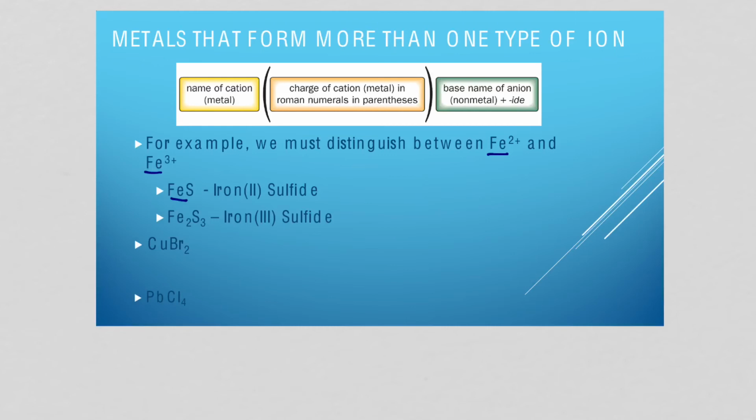So we know that Br is a -1. It's a halogen, always a -1. So the fact that in this formula we have 2 of them tells me that the one copper here has to be a positive 2 to balance out the -1 ion charges. So the only way that this formula works is if copper is +2, because each bromine has to be -1.